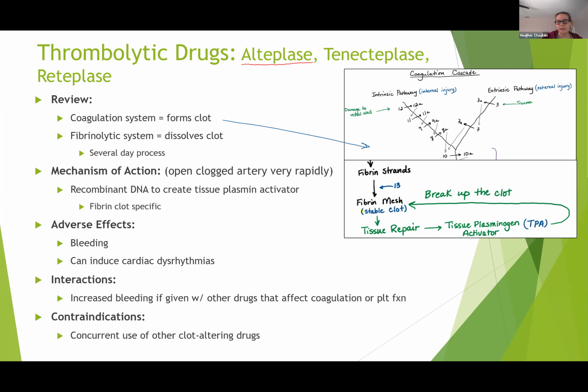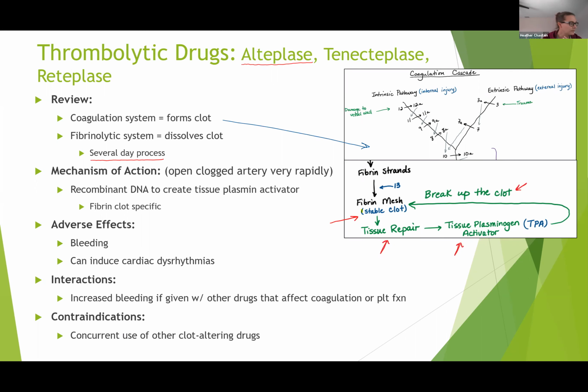So you have a stable clot that's made that allows for tissue repair to happen. Your body makes tissue plasminogen activator on its own to break up this clot, right? In the body, it normally takes several days for this to happen, okay? For the tissue plasminogen to be activated and for all that to happen, because you want to give time for that tissue repair to happen, right?